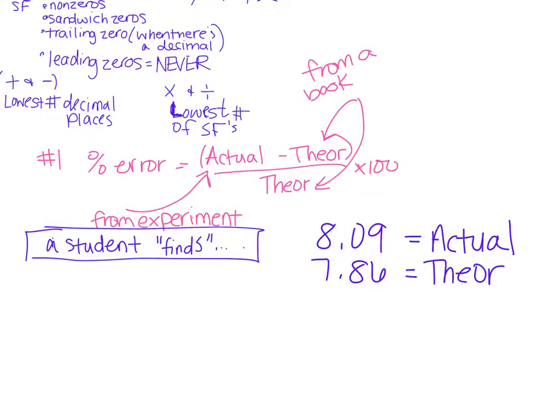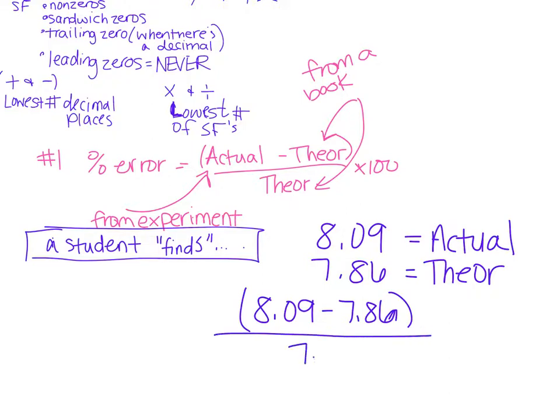So that's where you're going to do your 8.09 minus 7.86. Lots of people like to do this in steps instead of using parentheses, and that's fine. So you would do that subtraction first. Then you would divide by the 7.86, push equals again, then multiply by the 100. And I'll let you get your own answer there.